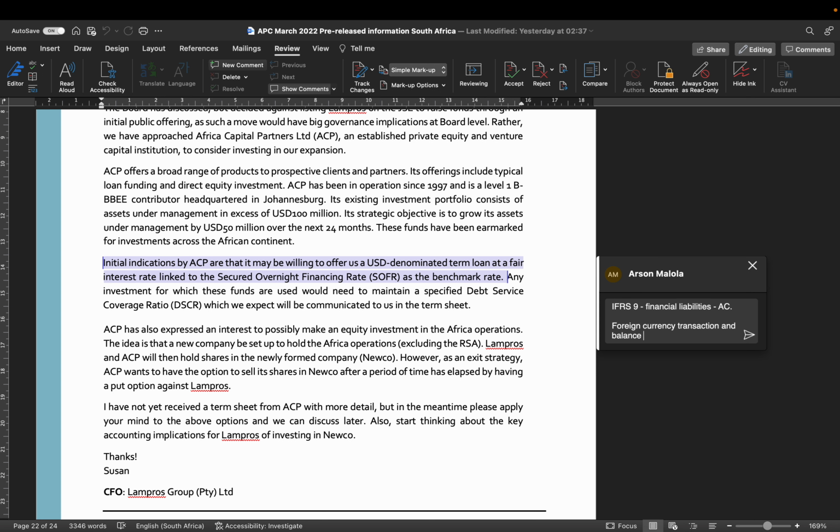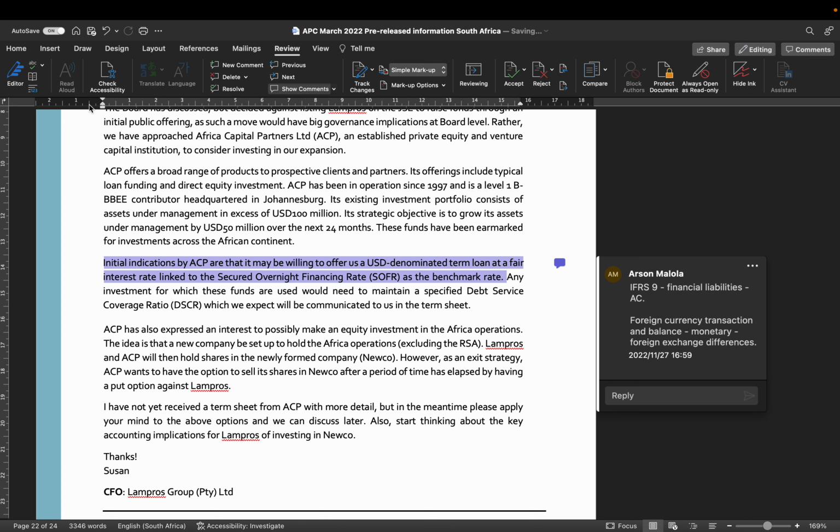And this is a monetary item, so you can do your research, therefore would have IAS 21 consequences, right? So this is the type of thing that you need to be thinking about when you read something like this, when you have your accounting hat on, right? Both the IFRS 9 angle of it, okay, and also the fact that it's a foreign loan, therefore we're going to have some foreign exchange differences also coming through.